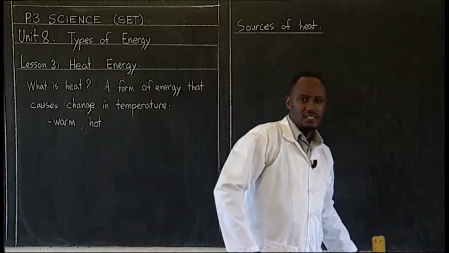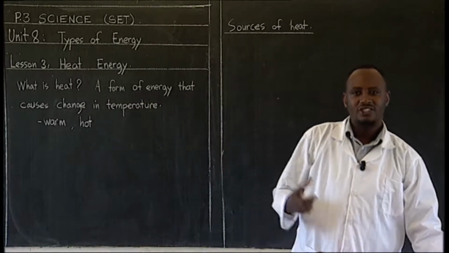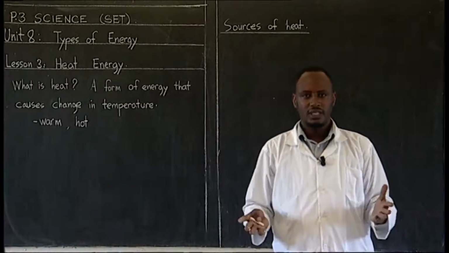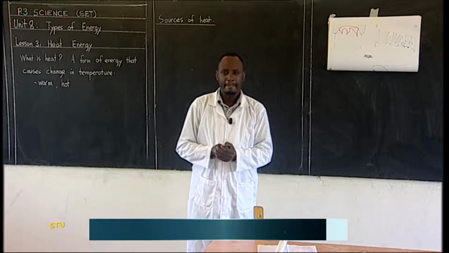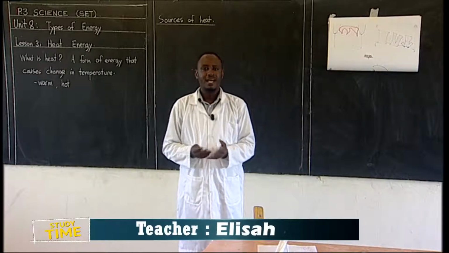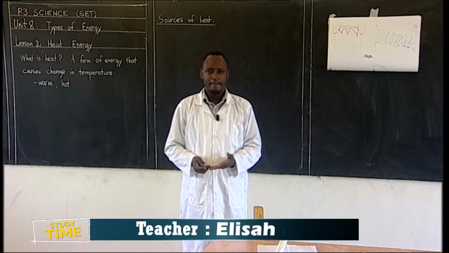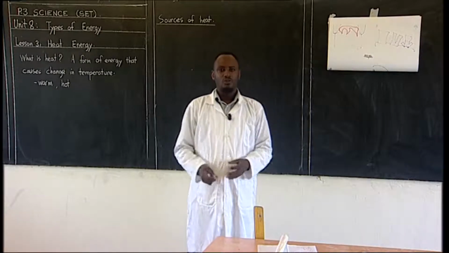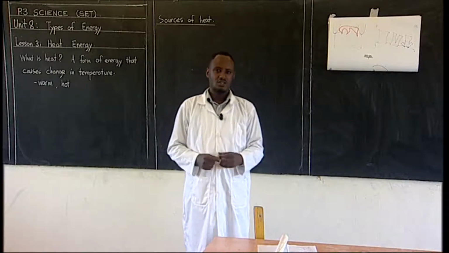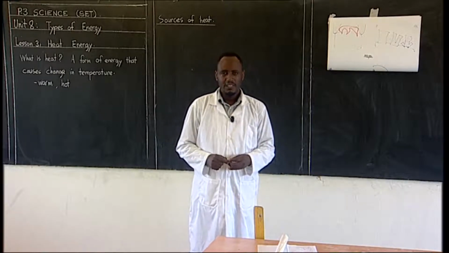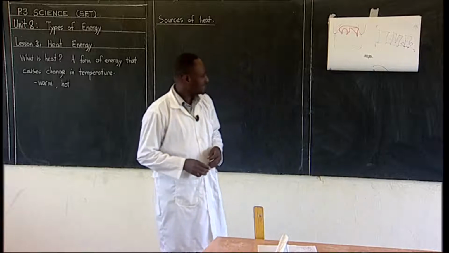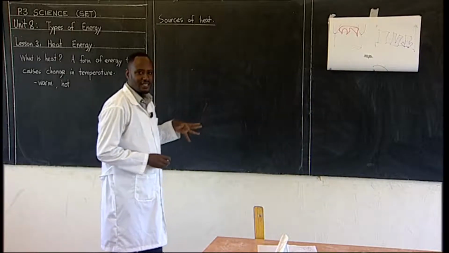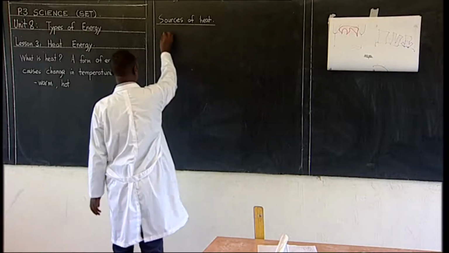These sources of heat are either natural, that is, they exist naturally, or they are artificial, that is, man-made, or made by man. We want to talk first about the natural sources. The main natural source of heat in the environment is the sun.